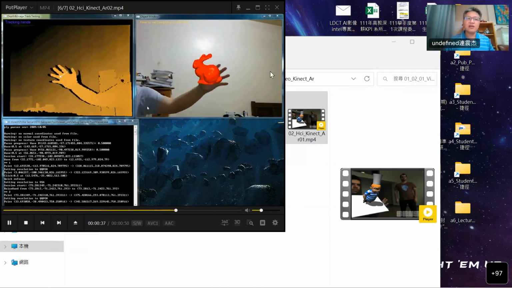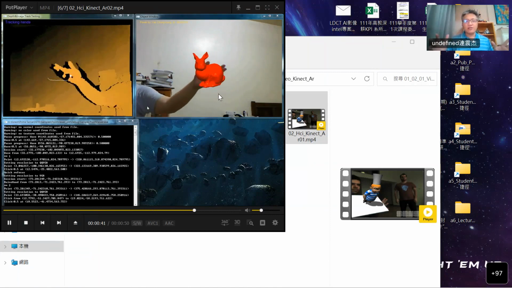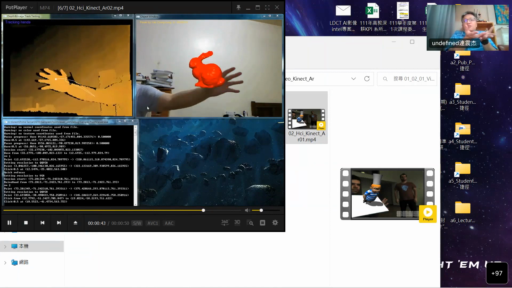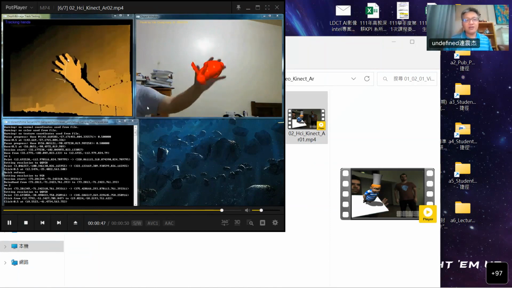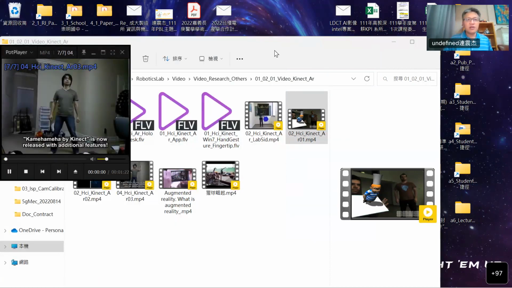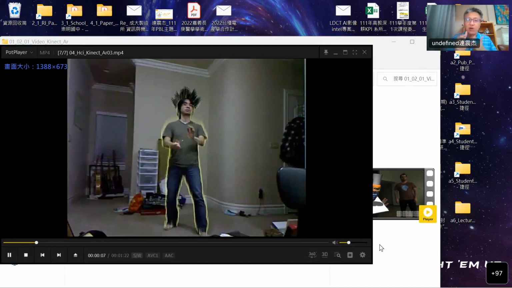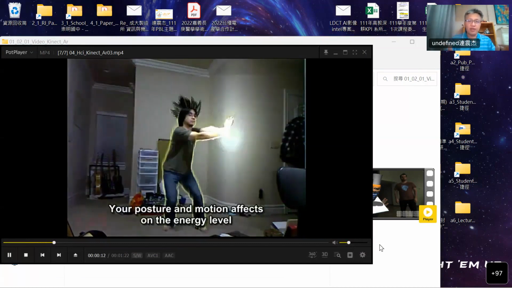So this is AR. See, in this case, they don't have a ground, and the virtual thing will float in the air. Oh, that's weird. So calibration is important. Camera calibration is not only important for 3D to 2D to 3D.